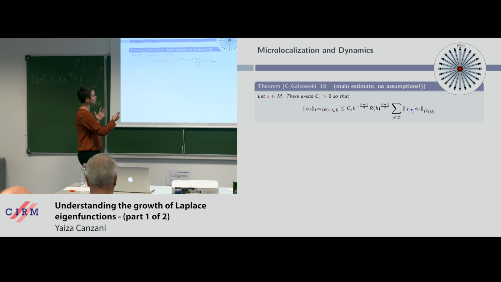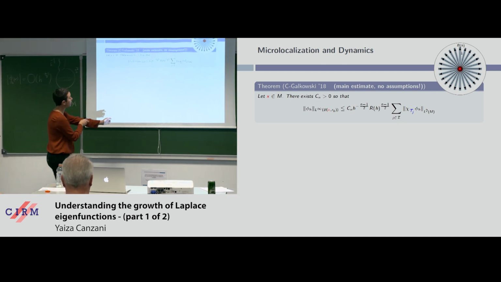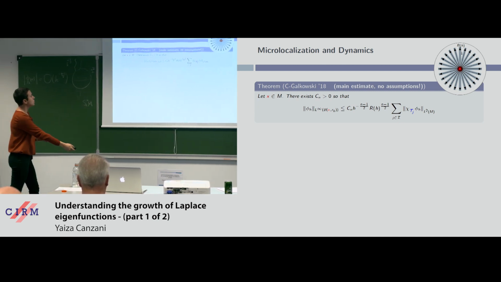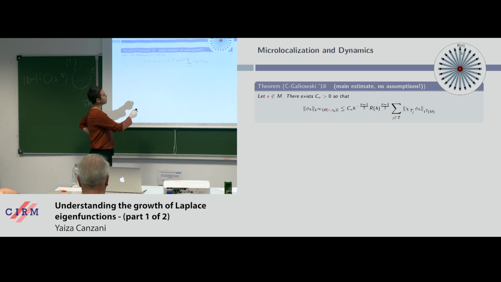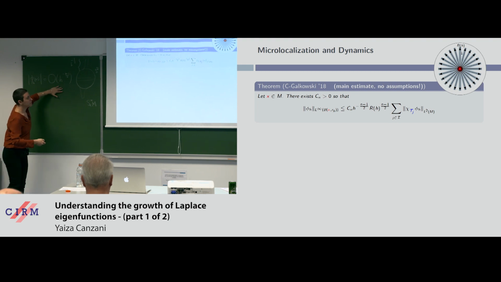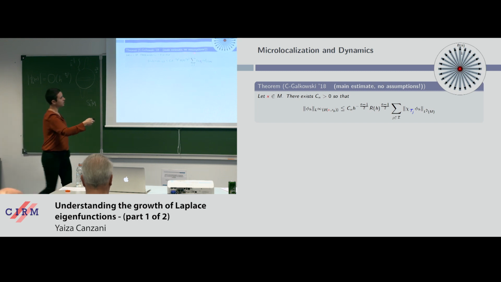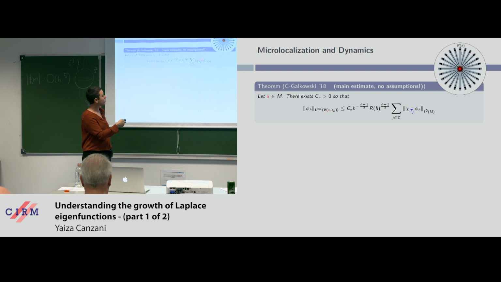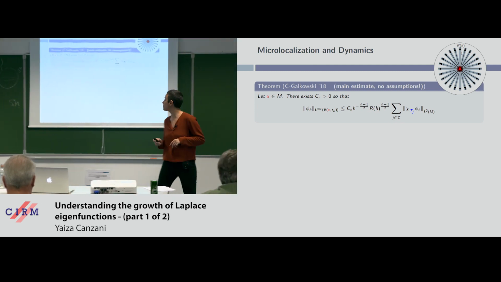We could control it by this quantity. So let me parse what this quantity is for you. This first term here, constant times h to the minus (n minus 1) over 2, is just this universal upper bound. But then what we are doing is we are weighing this bound by this quantity here. So we have the radius to the power of (n minus 1) over 2 times this sum. So let me now explain what that sum is.